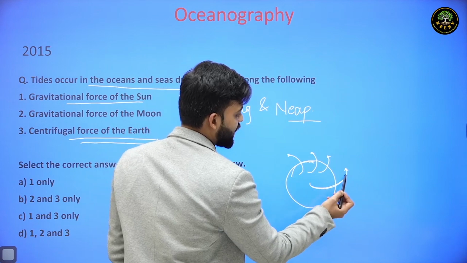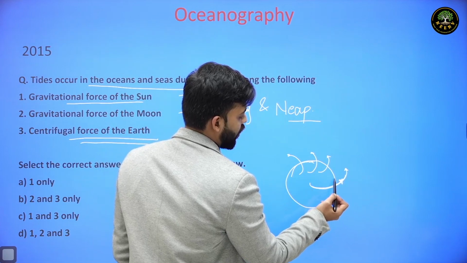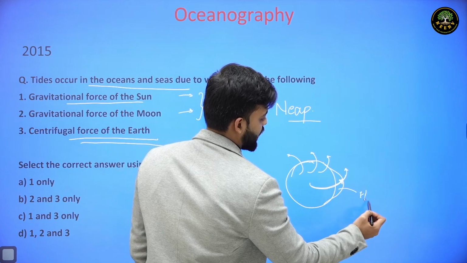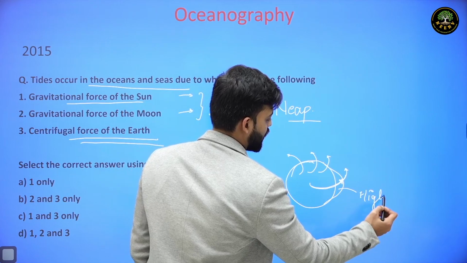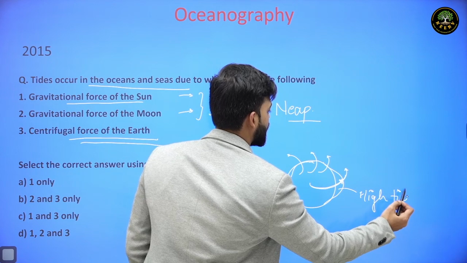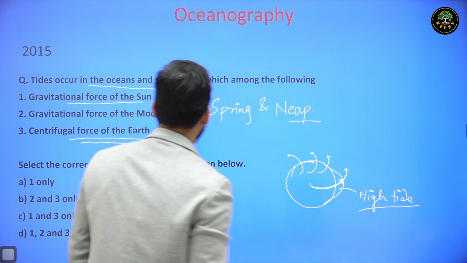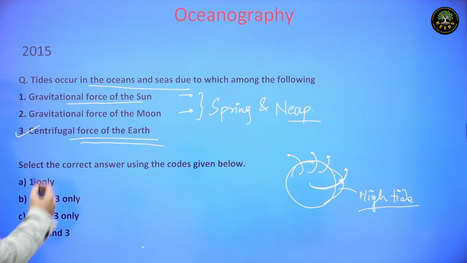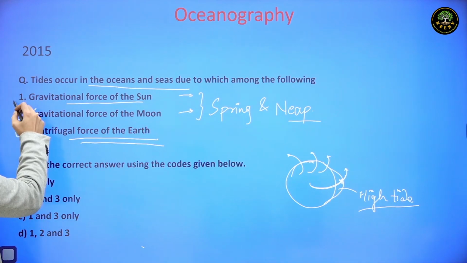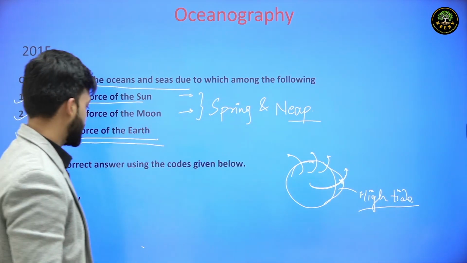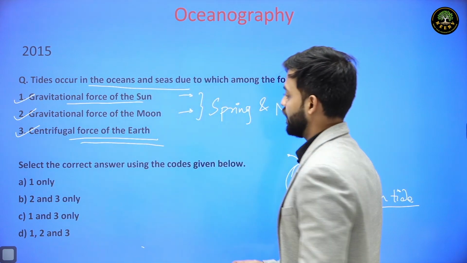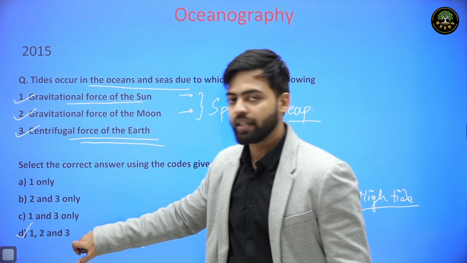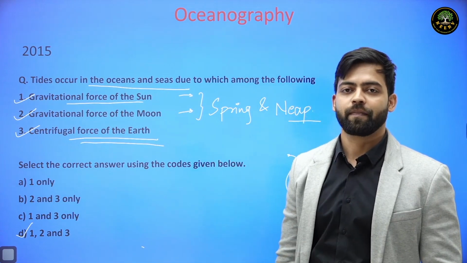This tendency leads to rise in water body, which creates tide. So centrifugal force of the earth is also responsible for the creation of tide, and gravitational force of the sun and the moon are also responsible for the creation of the tide. So if we see the options, then D, 1, 2 and 3 is the correct answer. Thank you.